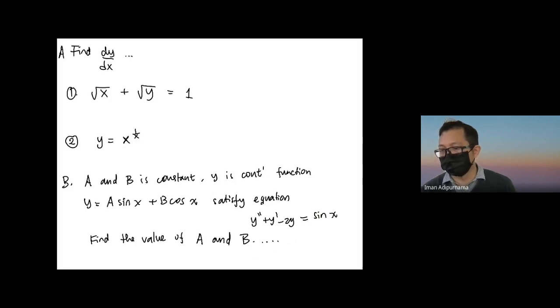And you have the function y equal a sine x plus b cosine x, and it satisfies the differential equation y double prime plus y prime minus 2y equals sine x. The question is find the value of a and b. Yeah, write the question first. Maybe I can just solve 1 or 2 questions.